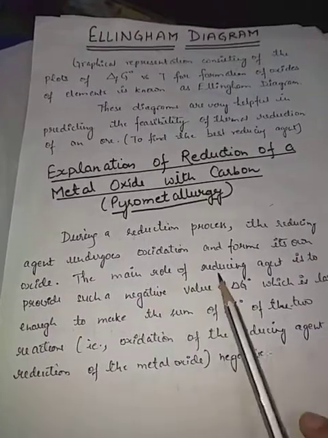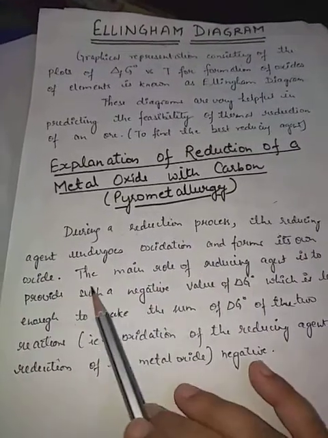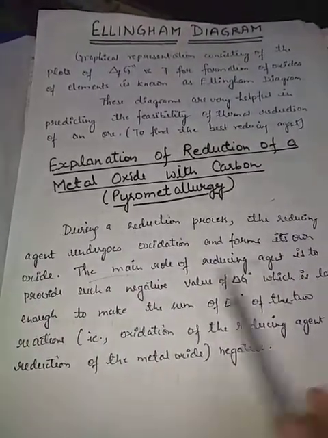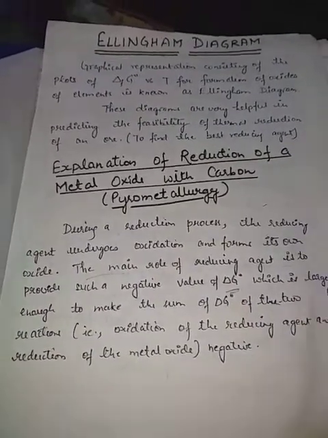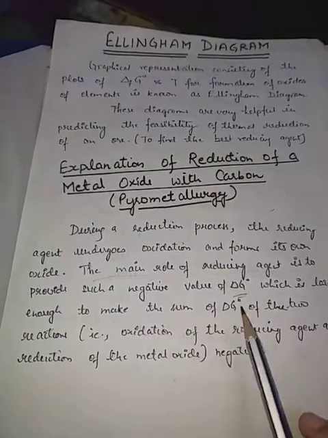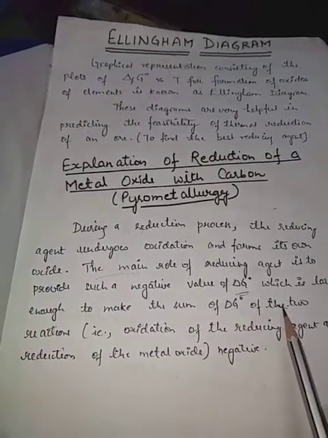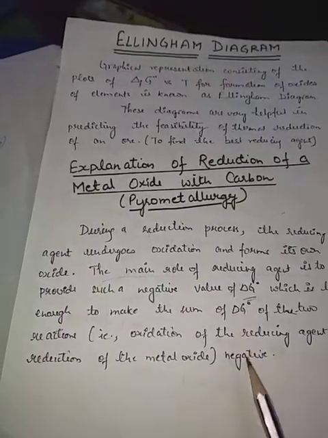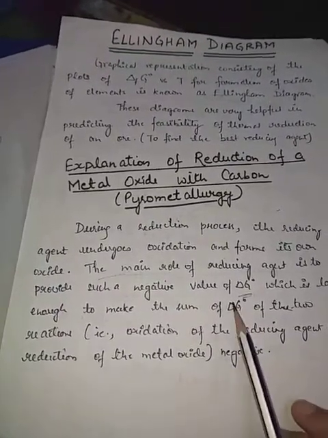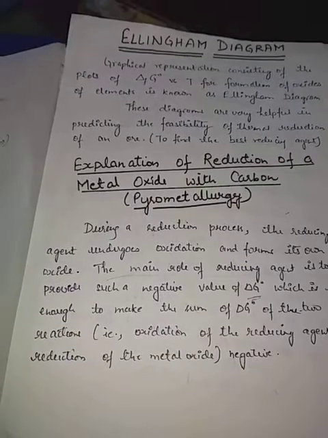The main role of the reducing agent is to provide such a negative value for delta G naught which is large enough to make the sum of delta G naught of the two reactions negative. The more negative the value of delta G, the better the reducing agent.